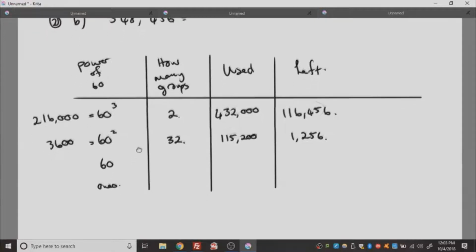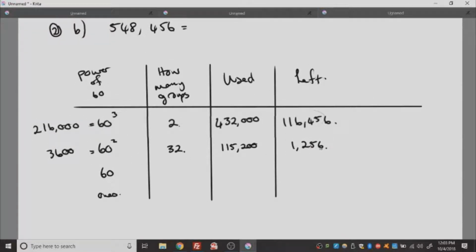So now we have left 1256, and I'm fitting in 60s. So 1256 divided by 60. Calculator says 20. 20 times 60 is 1200. Is what I've used. And then clearly 56 are left, which the ones will just take.